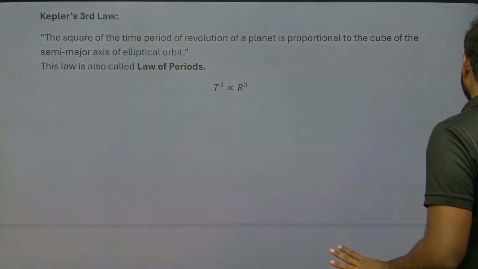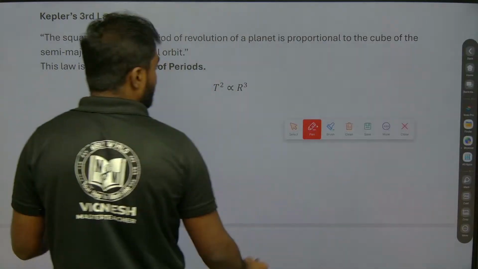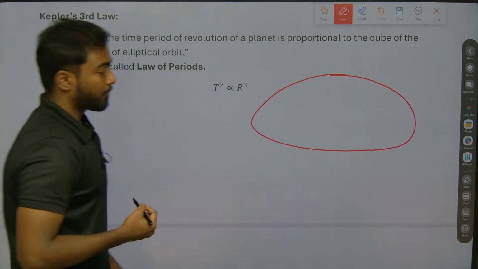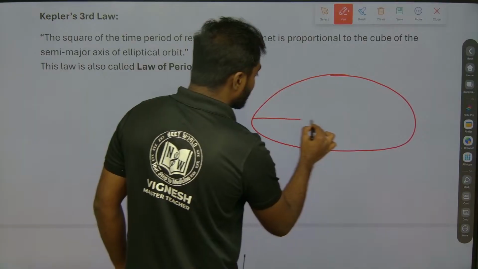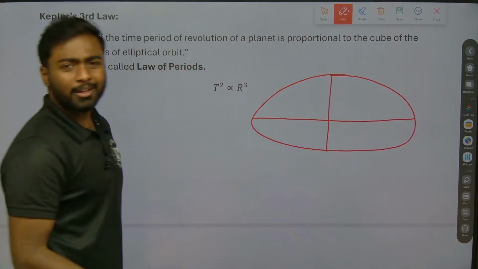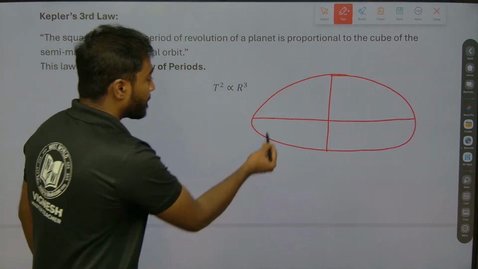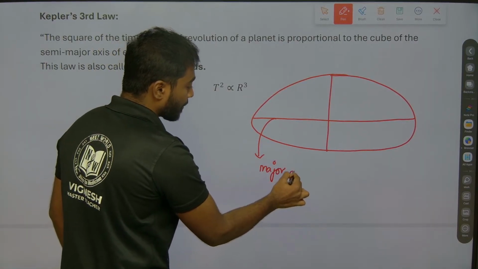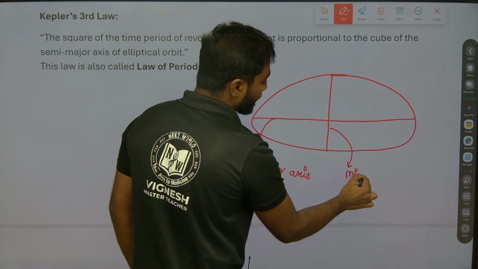Let me explain what the semi-major axis is, what the major axis is, and what the minor axis is. If I draw an elliptical path, consider this as an ellipse. This diameter and this diameter are not equal, both are different. This one is small and this one is big. The big one is called the major axis, and the small one is called the minor axis.